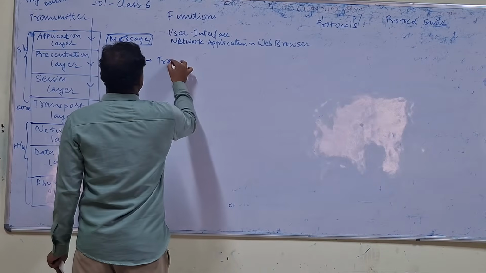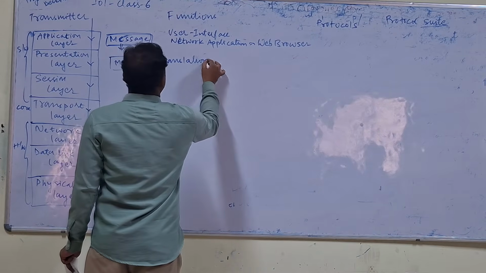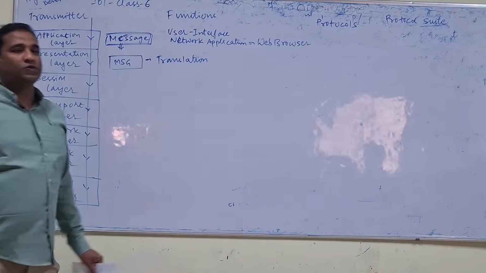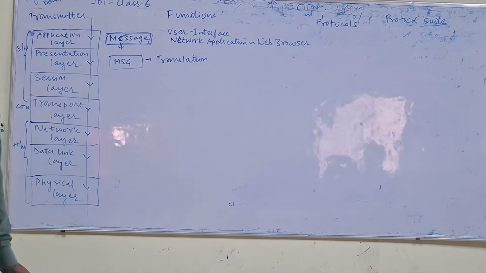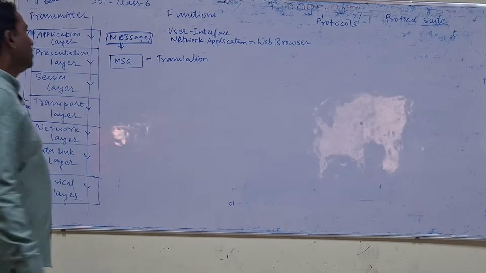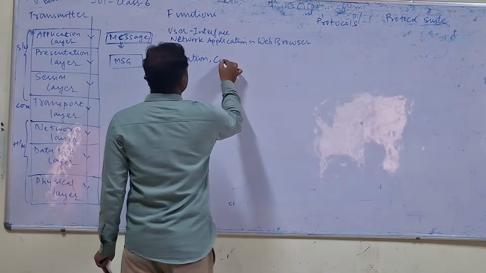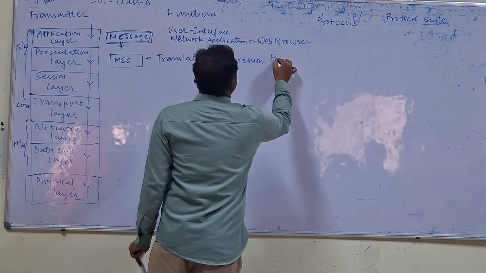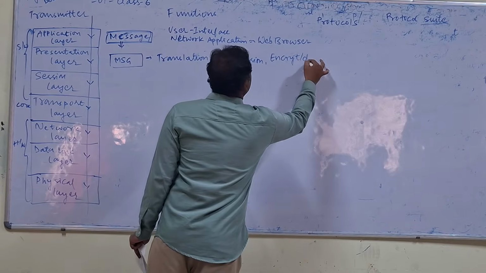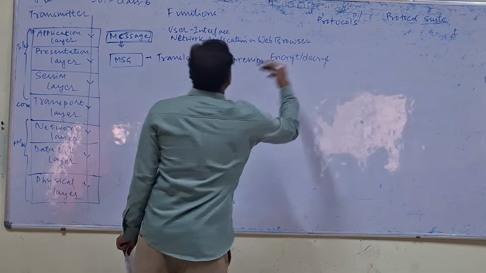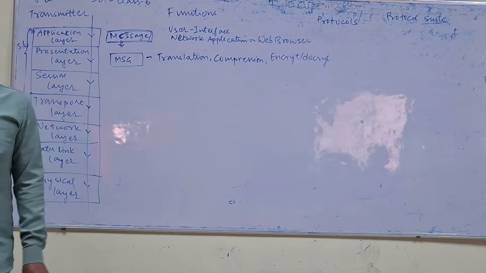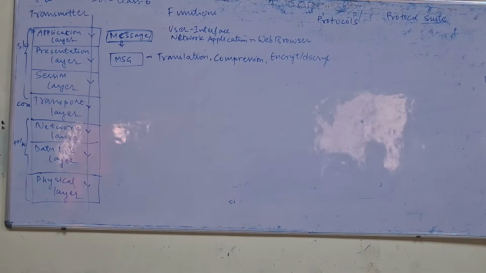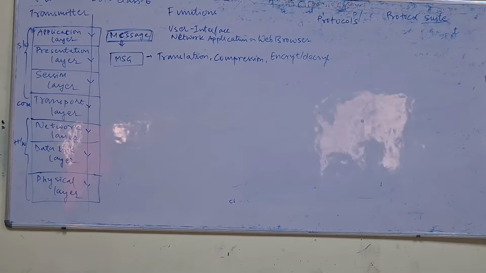Translation takes place, meaning it is converted into binary in ASCII format. Compression takes place. Encryption and decryption, all those processes take place. All these functions are done to your message.